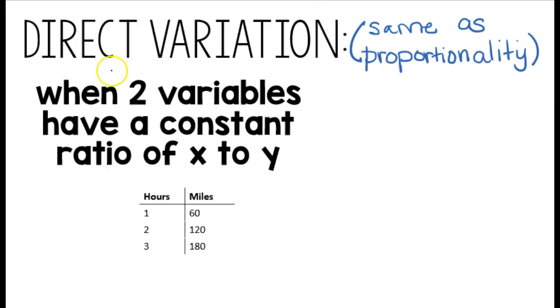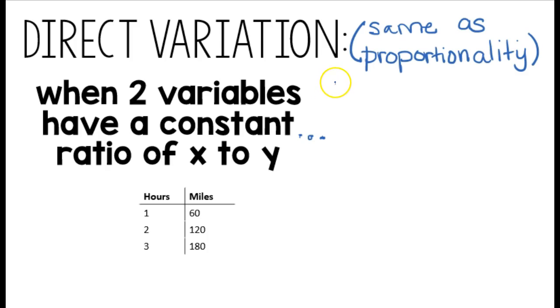So the definition for direct variation: when two variables have a constant ratio of x to y. Now we can write this in our own words here. What does this mean? This means that how much you multiply the x by to get y. So I'm going to go ahead and write that down.